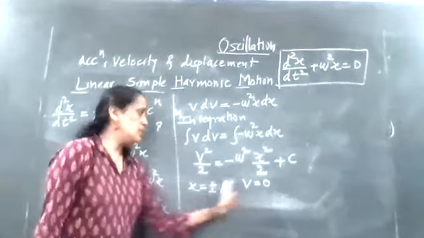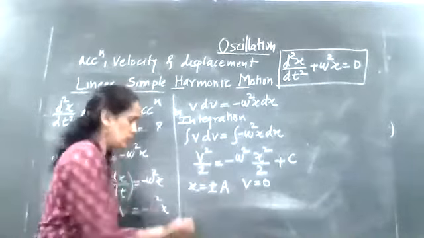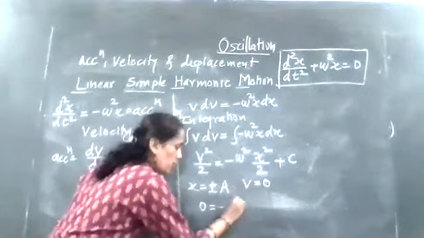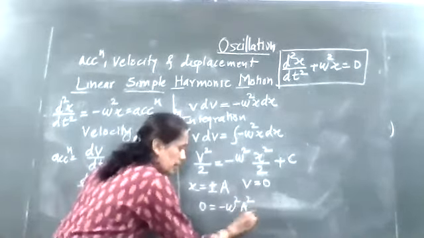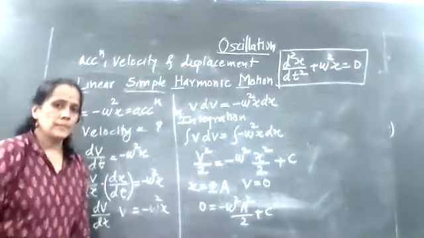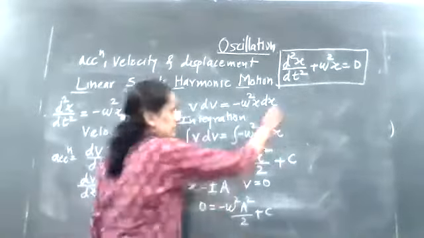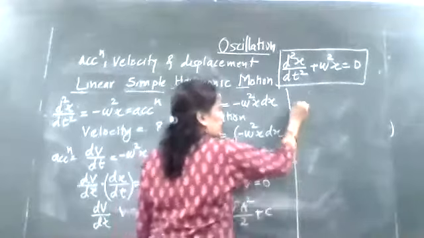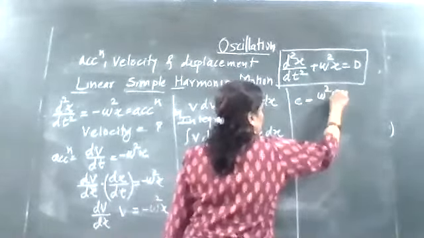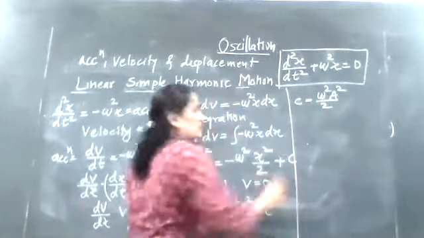So if I put these values in the upper equation, I get 0 is equal to minus omega square a square upon 2 plus c, which means I get the value of c. The value of c is omega square a square by 2.